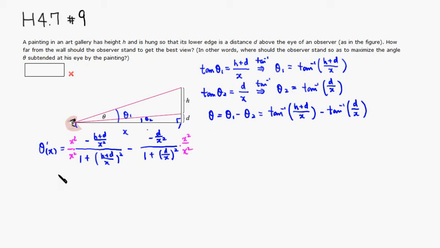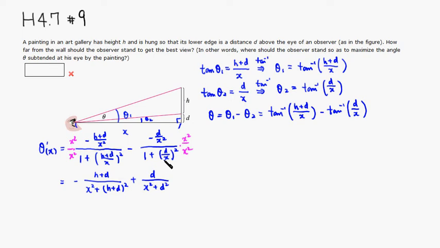So it's going to be equal to, on top, a negative, you just get h plus d, then you have x squared plus (h plus d) squared. Here's a minus minus, so it's going to be plus d on top. Then we have x squared plus d squared.